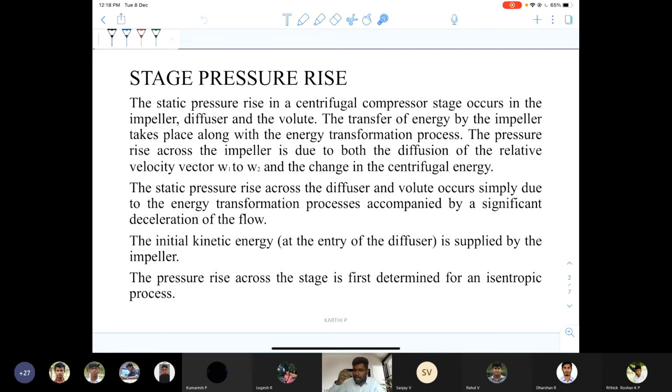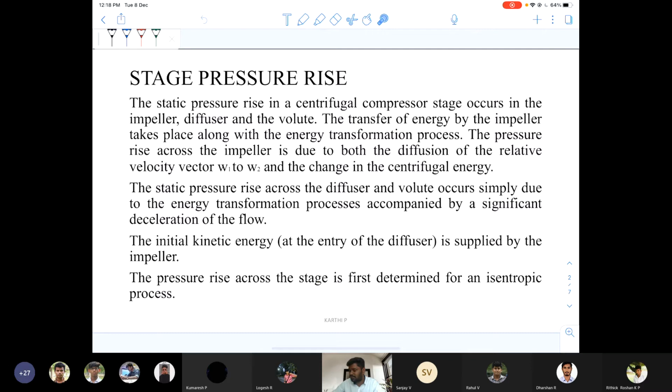Therefore, the initial kinetic energy is supplied by the impeller to the diffuser.